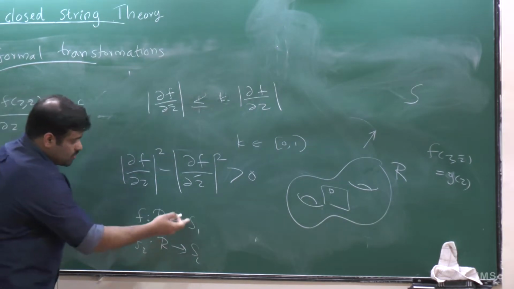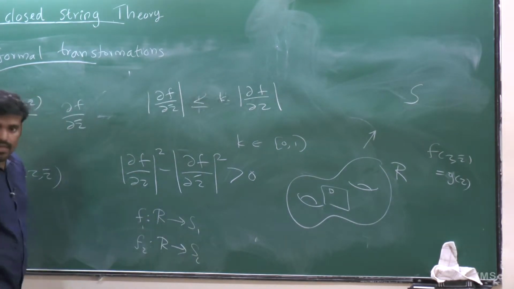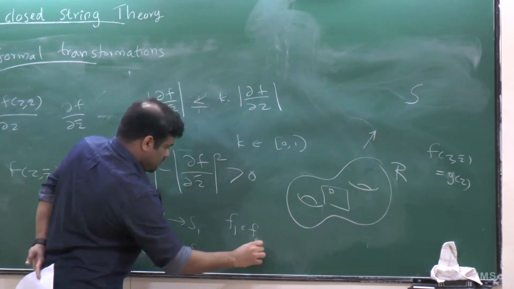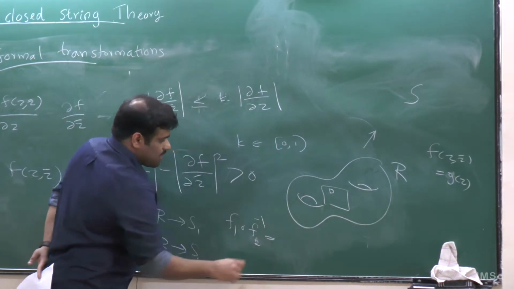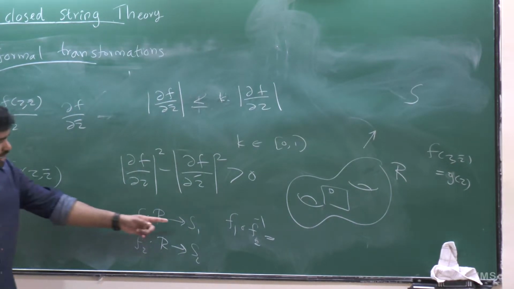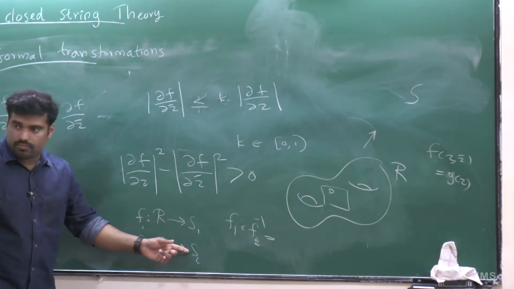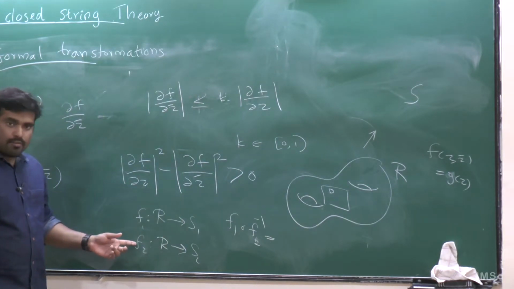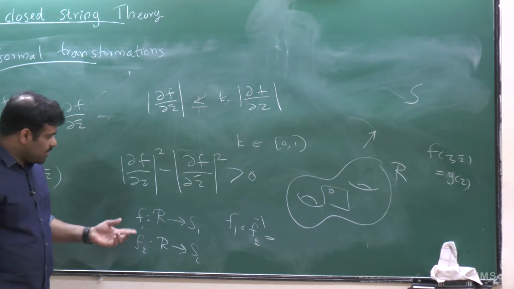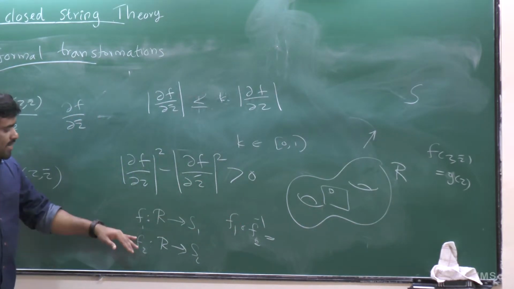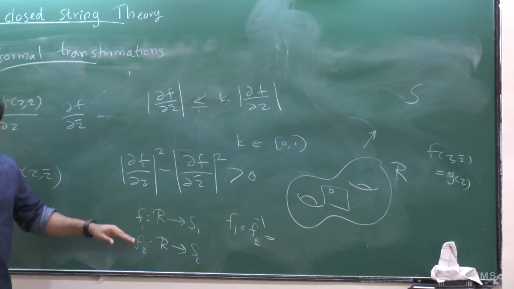So we say that S1 and S2 are equivalent if F1 F2 inverse is a biholomorphic map. That means you will be able to find a conformal transformation from S1 to S2. Right? So you have two transformations F1 and F2, and if they can be connected through a conformal transformation, that means F1 and F2 are not really inequivalent transformations.